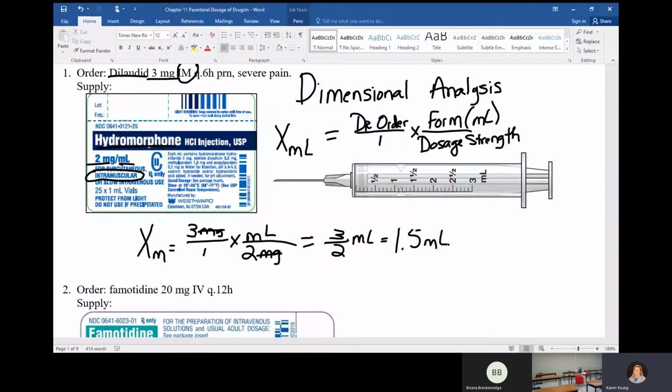So at 1.5, and this is where, if you remember what you read in chapter 6, if I've got a 3 milliliter syringe, these are all marked in tenths, okay? So 1/10, 2/10, 3/10, 4/10, 5/10. 5/10 is 1/2. And I'm going to 1 1/2. So I'm going to draw a line. And then I'm going to shade in, because this is what's going to be filled. It doesn't have to be shaded in perfectly. But that's why it's going to work, because you've got to know how much to draw.